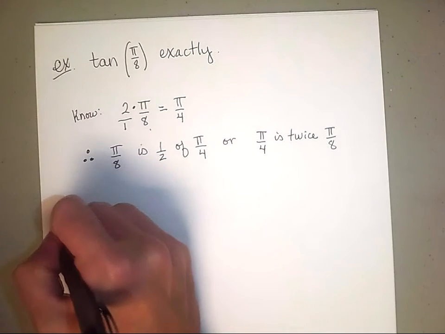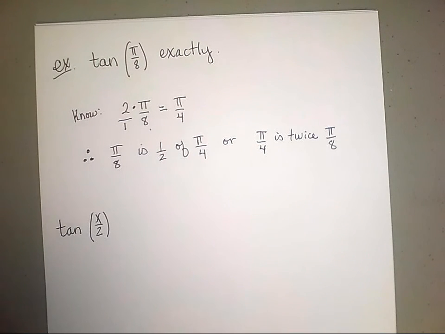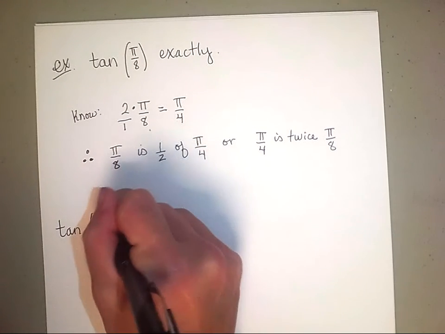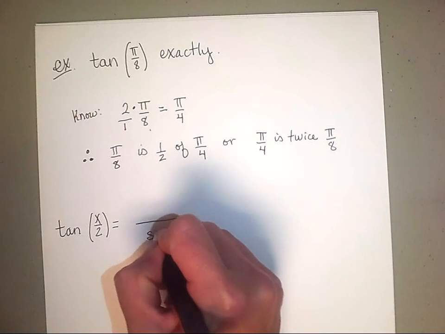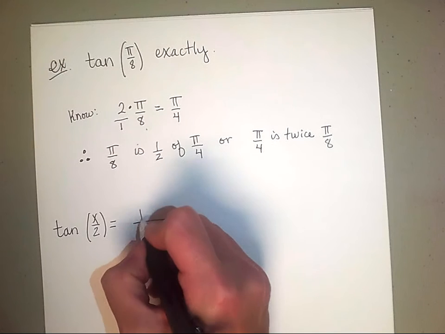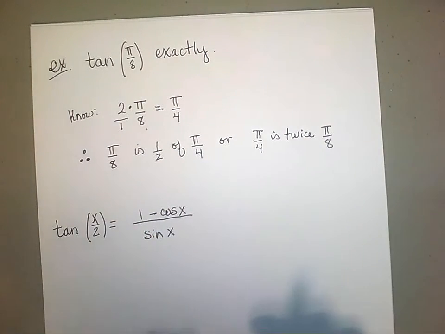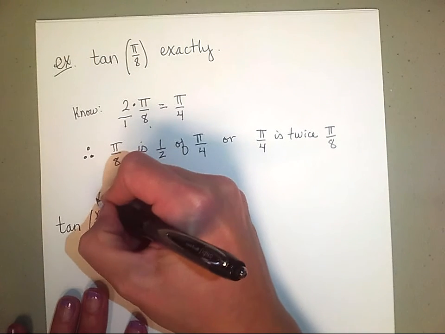So we're looking at the tangent of the half angle, and we can pick any of the forms. I'm going to use a form that only has the sine in the denominator and no radicals. So what is x over 2?